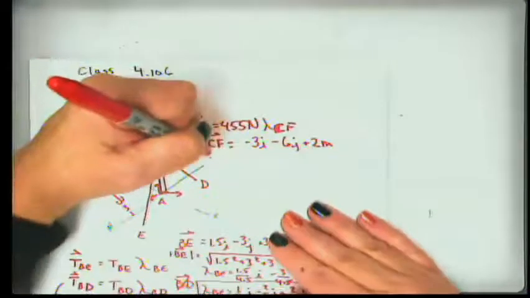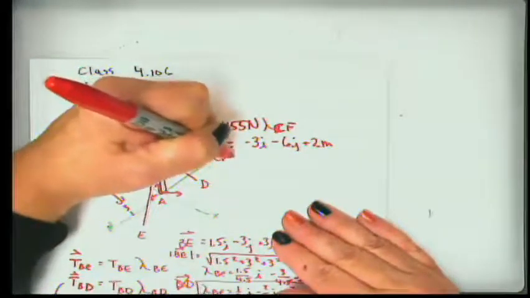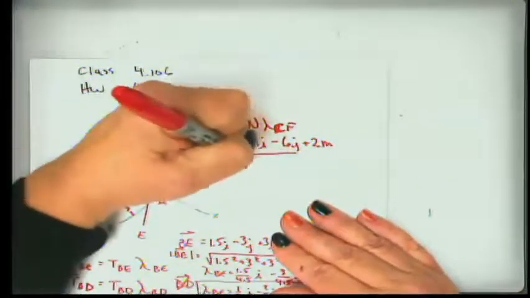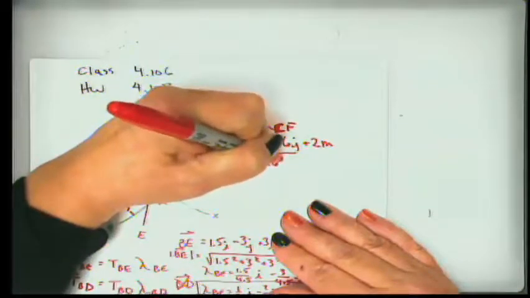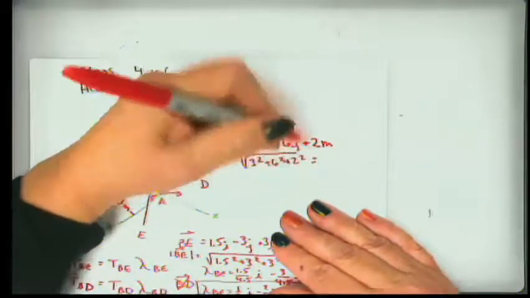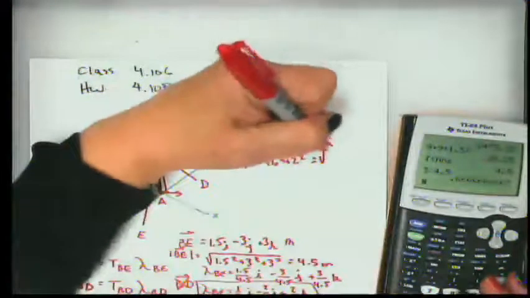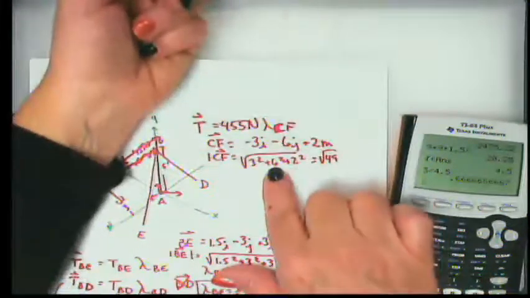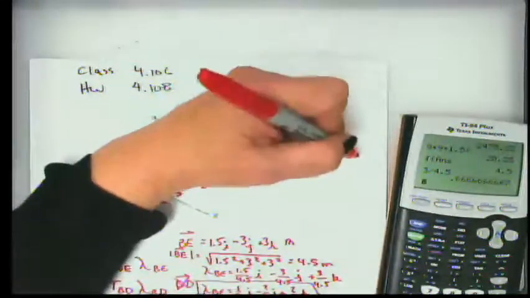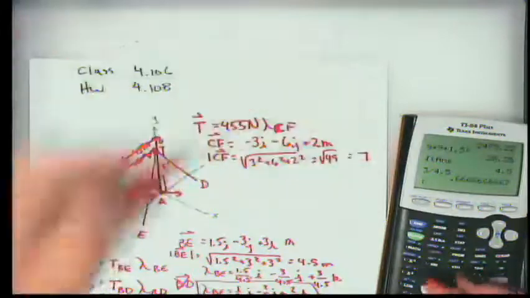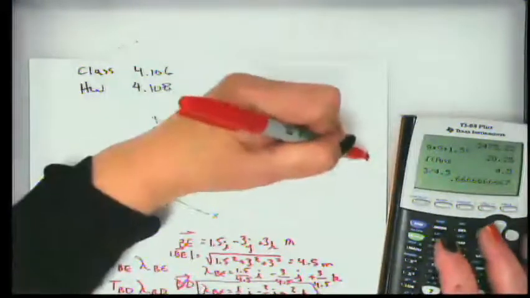So that means my length of CF is the square root of 3 squared plus 6 squared plus 2 squared, which is the square root of 49, isn't it? Because this is 4 and 36 is 40 plus that is 49. So that's equal to 7 meters.